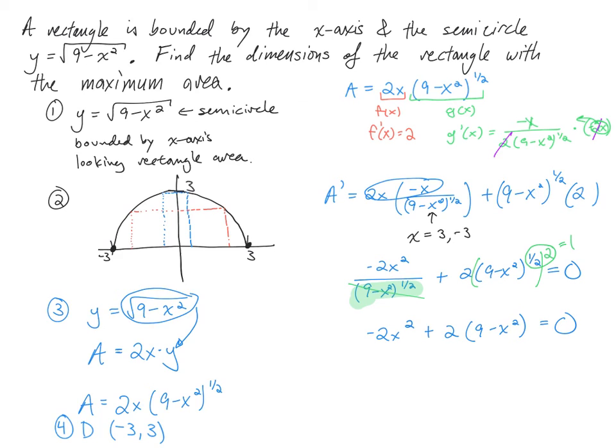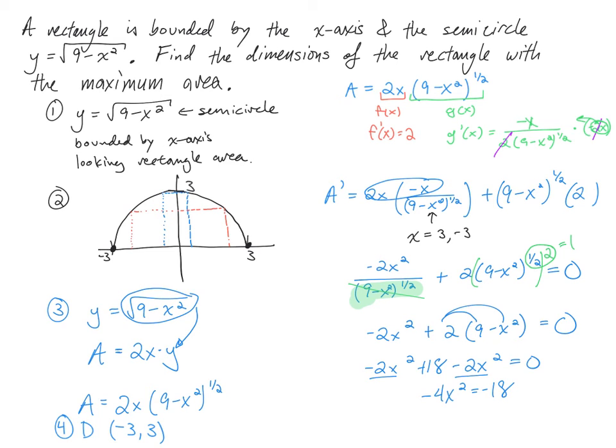Next, I can distribute this 2, get negative 2x squared plus 18 minus 2x squared equals 0. I can subtract 18 from both sides and combine the negative 2x squareds to get negative 4x squared equals negative 18.